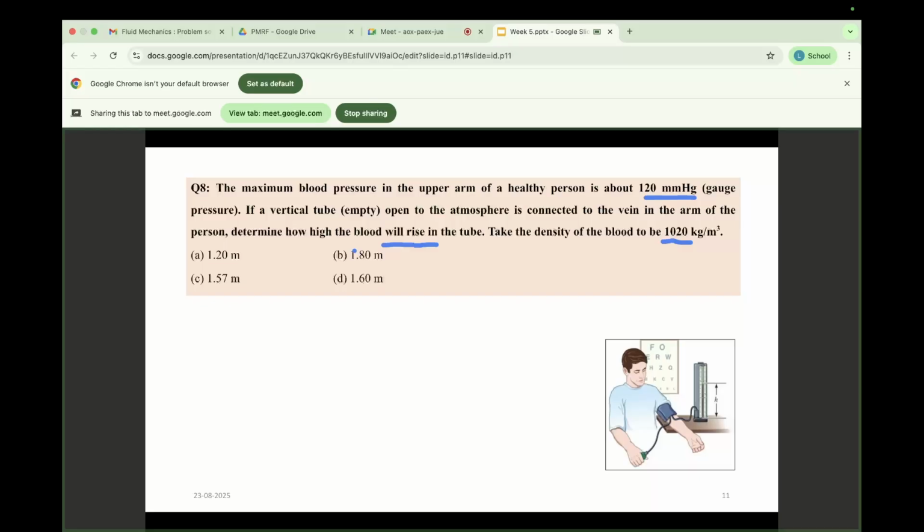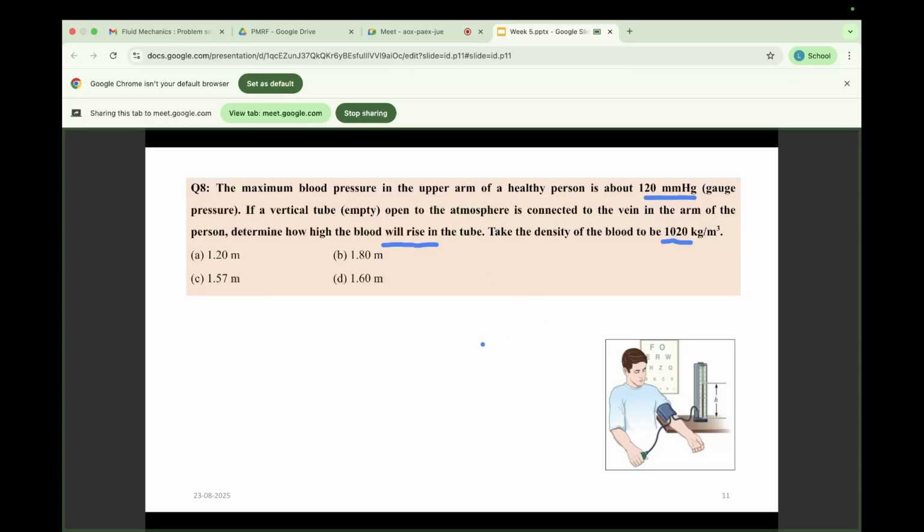So that means, say this device is showing the pressure reading. If you put the blood in a test tube, how much it will rise, corresponding to this pressure of the mercury.